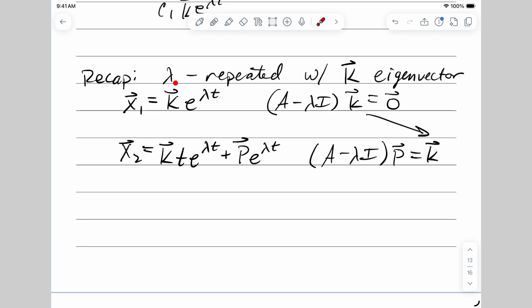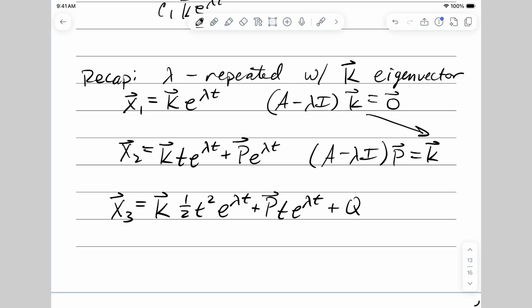If our eigenvalue is repeated more times, let's say 3 times, it's a multiplicity 3, then we have an x3 solution. And it has the form k times 1/2 t² e^(λt) plus p t e^(λt) plus q e^(λt).